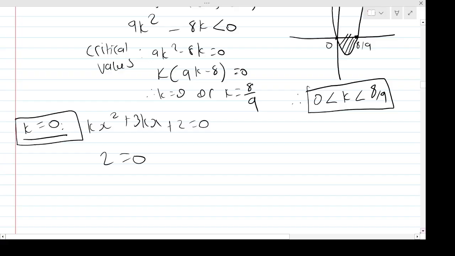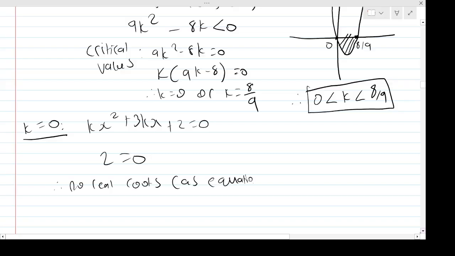Therefore it has no real roots, as simply 2 cannot be 0. So k can also be 0, to ensure there are no real roots to the quadratic. So 0 is less than or equal to k, less than 8/9, and that is our final inequality.